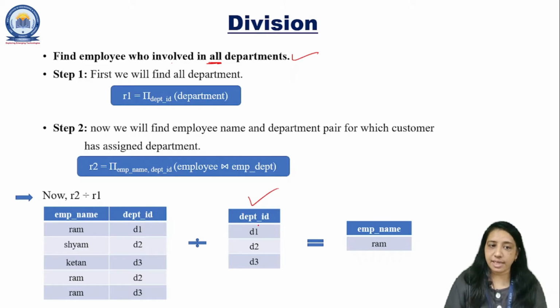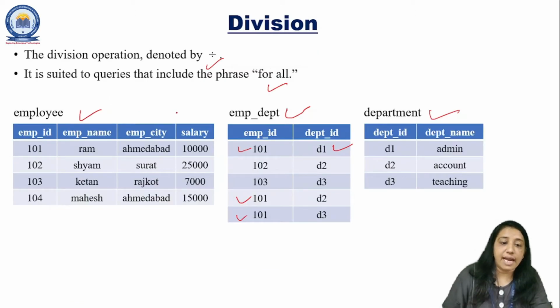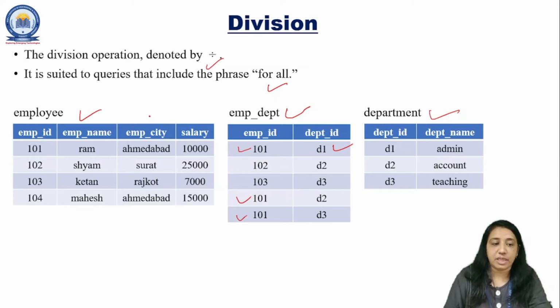Now the second is what? We want to find out the employee name and department pair data. That means which employee is allocated or is working in which department. So that information is not in one table. You can see that if you want this information like 101 is in which department, so that will be in this table only.